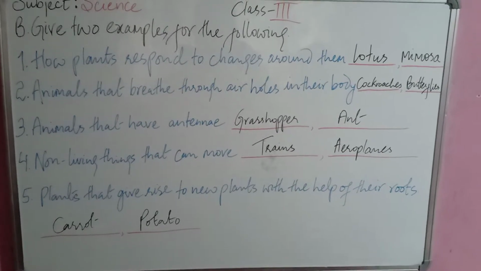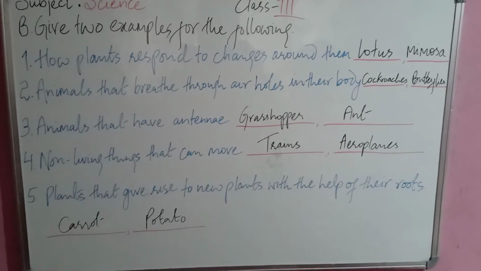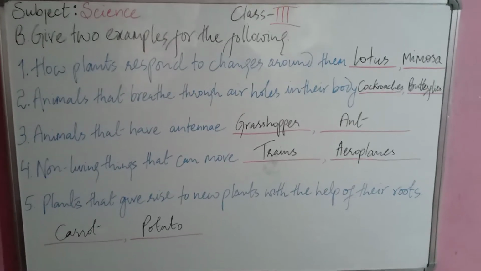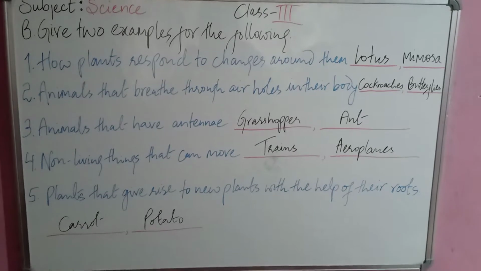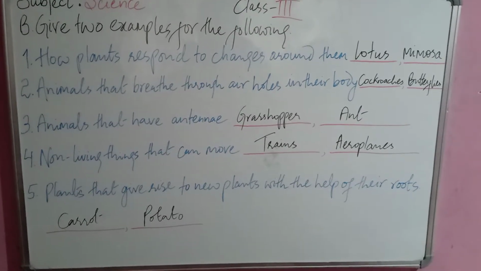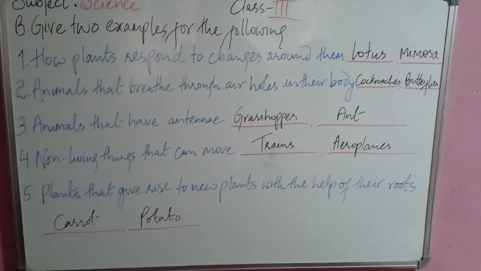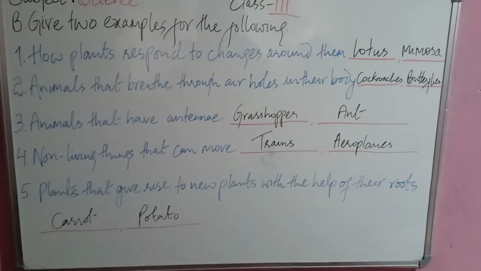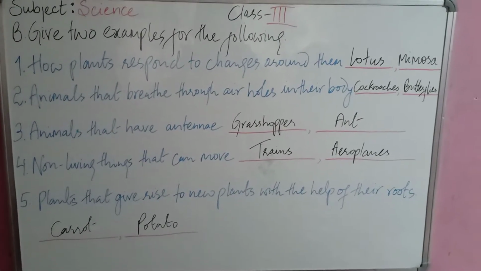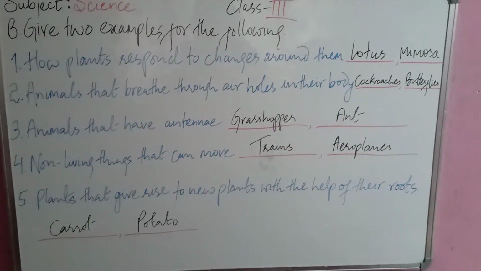Then we have question 4: non-living things that can move. I have written here trains and aeroplane. Then question 5: plants that give rise to the new plant with the help of their roots. So that will be your carrot and potato. Okay, so moving on.